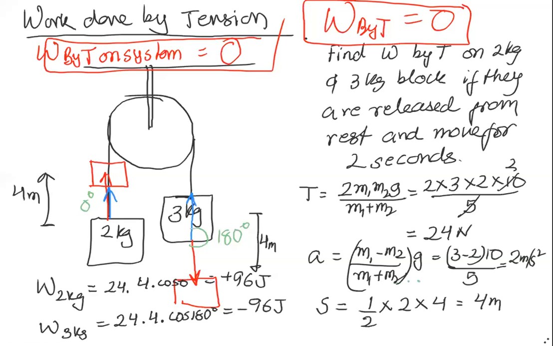But if you are asked to find out work done by tension on a system where they have two blocks or three or four or five connected to each other by strings, then work done by the tension in these strings will always be zero.